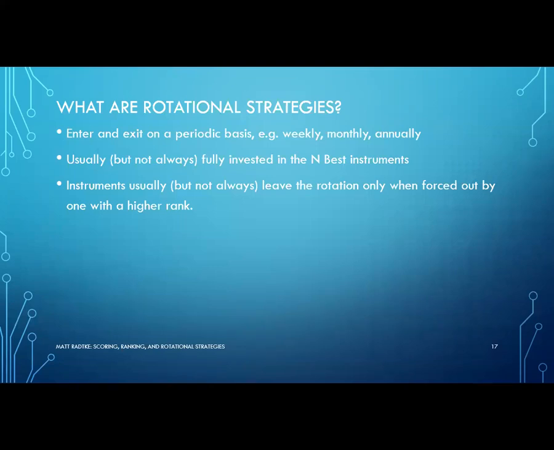And then finally, rotational strategies usually only exit a position. In other words, a symbol only leaves the rotation if it's forced out by something with a higher rank or a higher score, right?